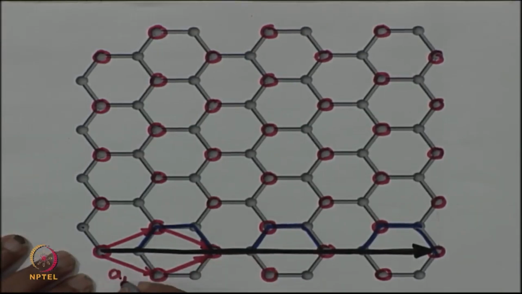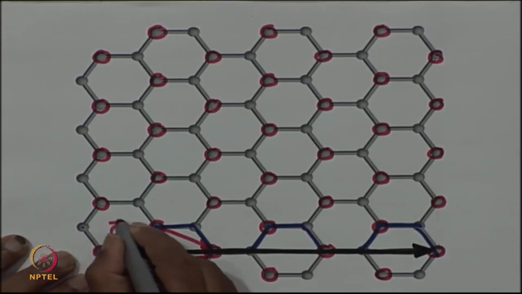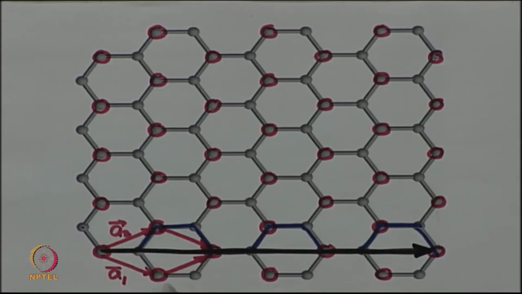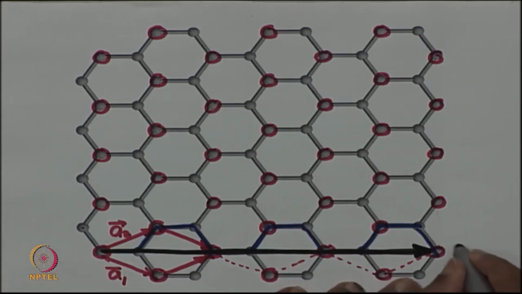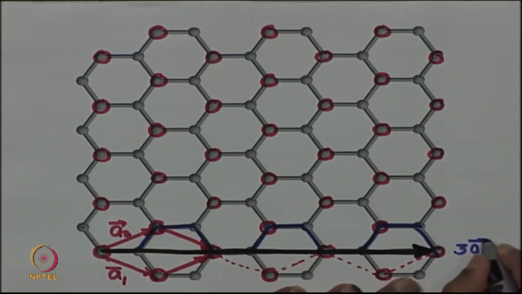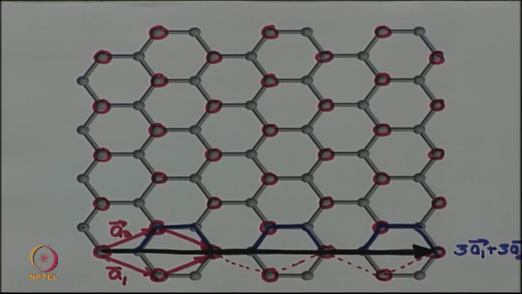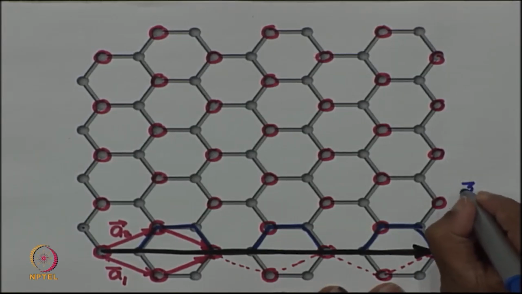So, if this is my A1 and this is my A2, you can see that this chiral vector which I have now marked will be 1 A1 plus 1 A2, then 2 A1 plus 2 A2, 3 A1 plus 3 A2. The one which I have drawn out is 3 A1 plus 3 A2, which means the resulting tube will be a 3 3 tube.